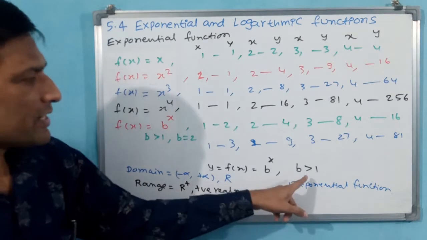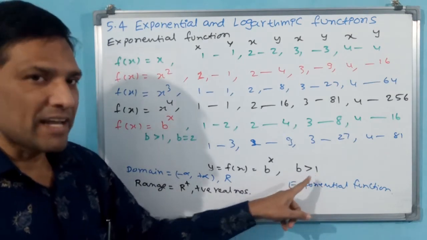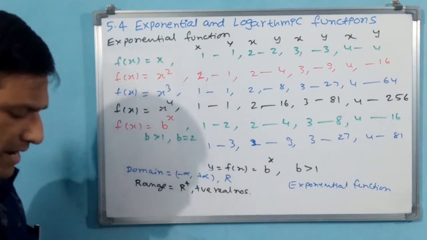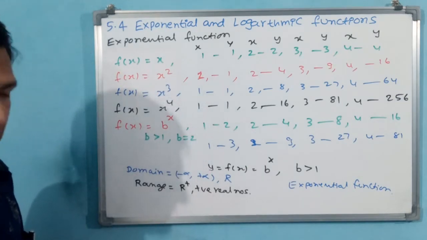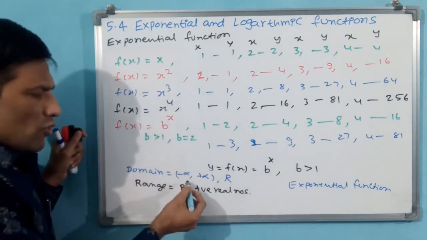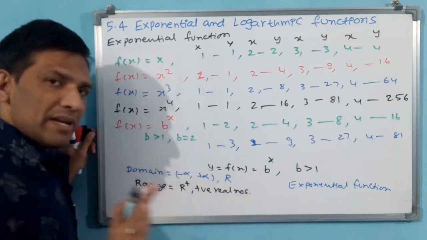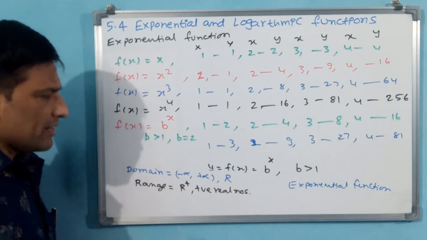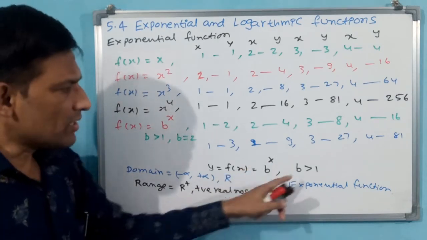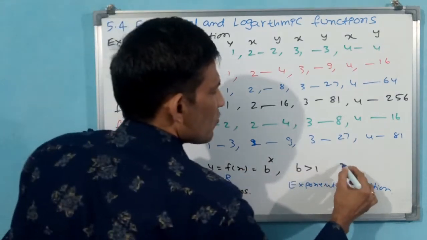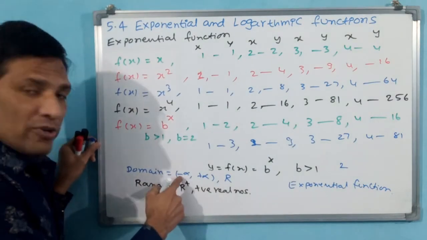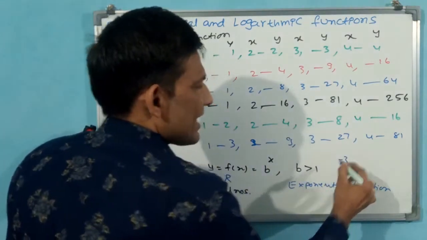Why? Because already you have made the base greater than 1. You are giving negatives in the power only. See what I am telling, understand carefully first. For the domain you can give anything, but the output range is real numbers we are talking about. Okay, just one example I am writing here. The base is already greater than 1, say 2 you have taken as base. But for the domain, if I want to give negative, say minus 3, I am writing.